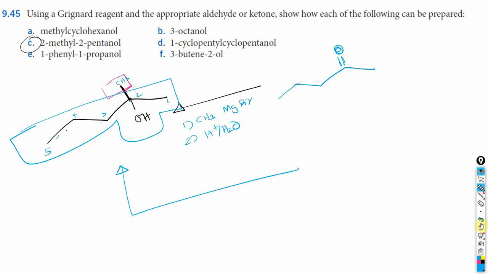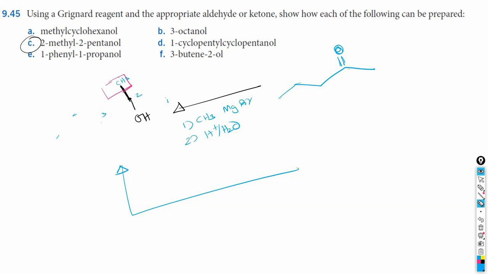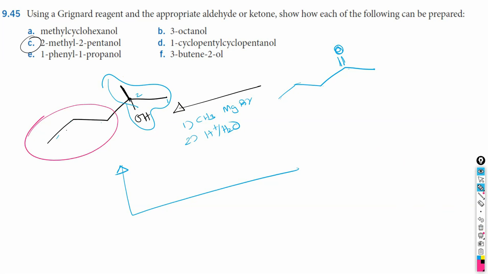So now what I'm going to do is solve the same problem from a different set of reagents. So here I can choose to take the methyl groups as part of the ketone. So I can make this part of the ketone, and I can add this propyl group as a Grignard.